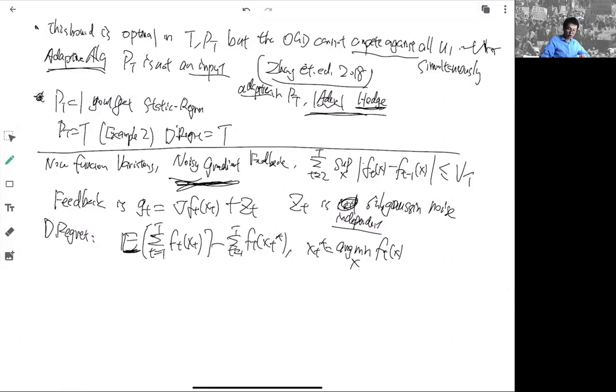Okay, so notice that any regret bound that you obtain here would also give you a regret bound that covers all possible comparator sequences, but in a much weaker sense. The regret bound you end up getting is going to be a function of T and this path variation VT. And this path variation VT, you can use it to construct an upper bound of x1 star minus x2 star plus up to xT star minus x(T-1) star, right?